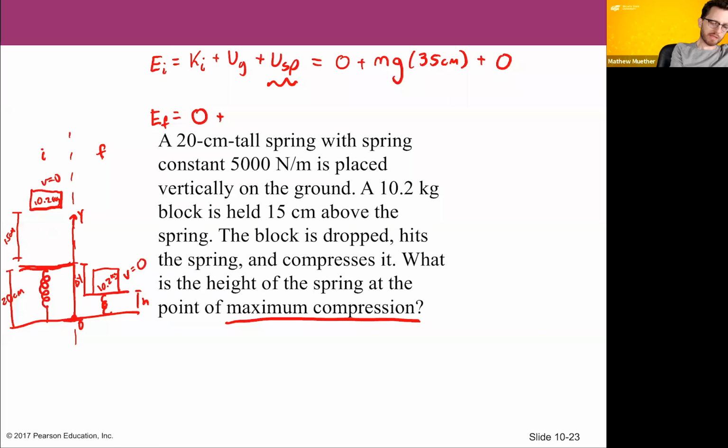Well, if I called this ground 0, now I have this height h, mgh worth of gravitational potential energy left. And I've got some spring potential energy now because I'm squeezing the spring. So the spring potential energy is going to be like 1/2 k delta y squared, right? That's that squeeze that the spring is providing here.